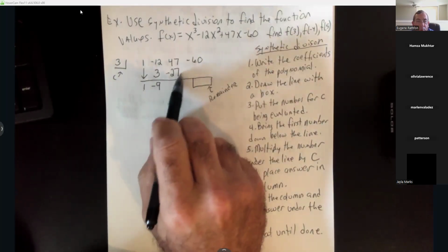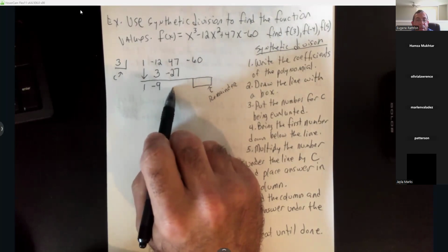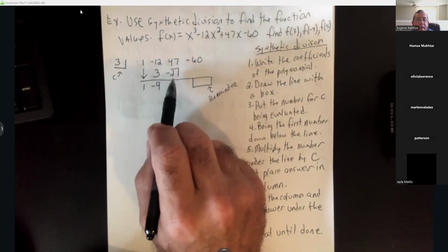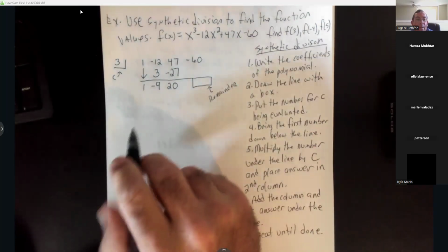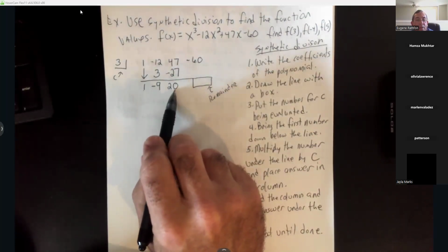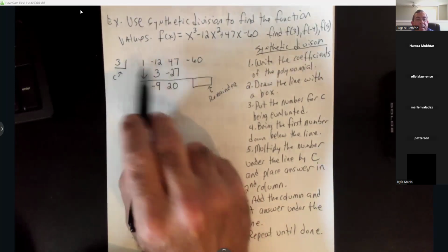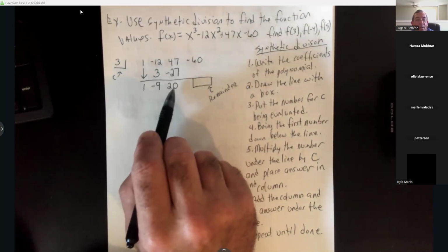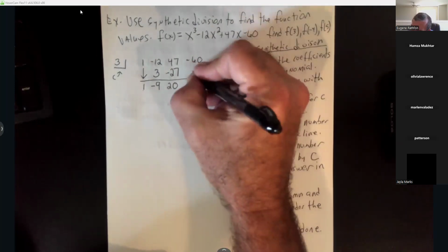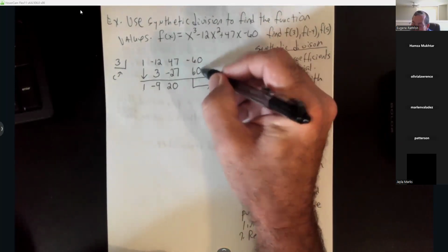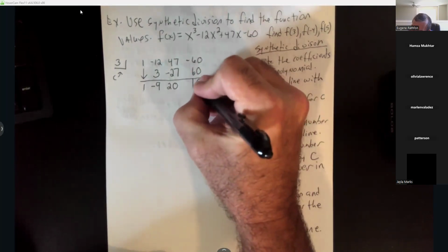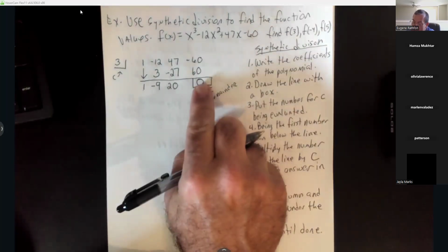So now you're going to add this column and put that answer below the line. So 47 and negative 27 is 20. So now 20 is under the line. We're going to multiply by the C and put that in the next column. So 20 times 3 is 60. And negative 60 and 60 give me a remainder of 0.